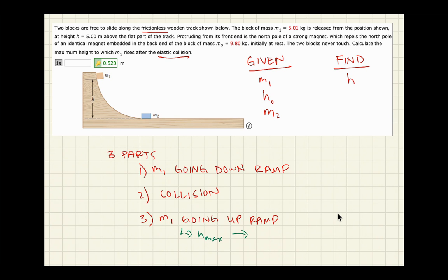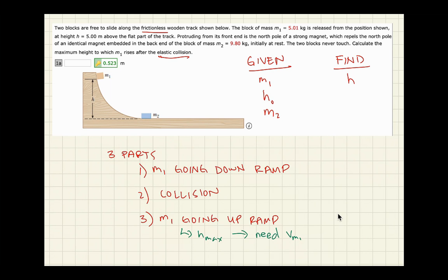To find how high it goes, I'm going to use energy. I'll need to know how much gravitational energy the block has at the end. To find that, I need to know how much kinetic energy it has at the bottom of the ramp, so I need the final velocity of block M1 after the collision.